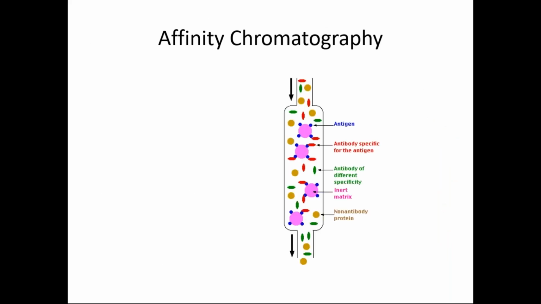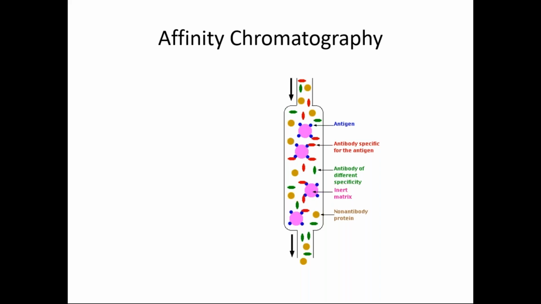And then you have affinity chromatography, where the stationary phase is a phase which has bound to it either an antigen or an antibody or an enzyme. So the interaction between the two is due to an affinity, that is the biological affinity, and they can be eluted by changing the conditions.